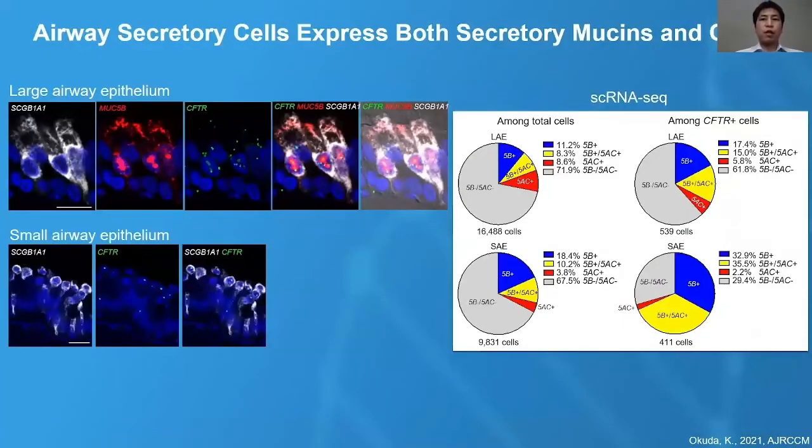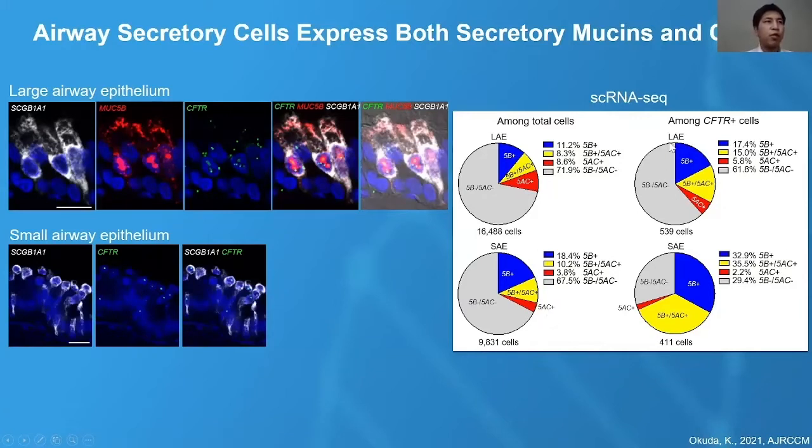Since our single-cell RNA sequence data revealed secretory cells are the cell type most contributing to CFTR expression in the airways, we looked at the relationship between CFTR and mucin expression in our single-cell data. Firstly, in total large and small airway epithelial cells, about 30% of cells express MUC5B and or 5AC in both regions.